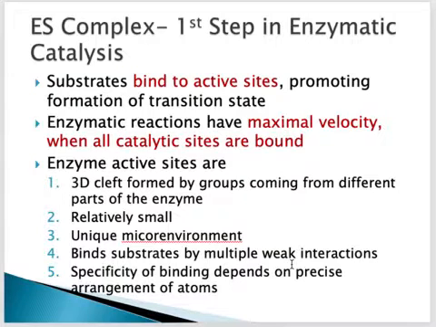We already know the specificity of this substrate-enzyme binding depends on the precise arrangement of the atoms of the enzyme. When the atoms in the active site are precisely arranged, it will bind very specifically with its substrate. So in an enzymatic reaction, what's the first step?